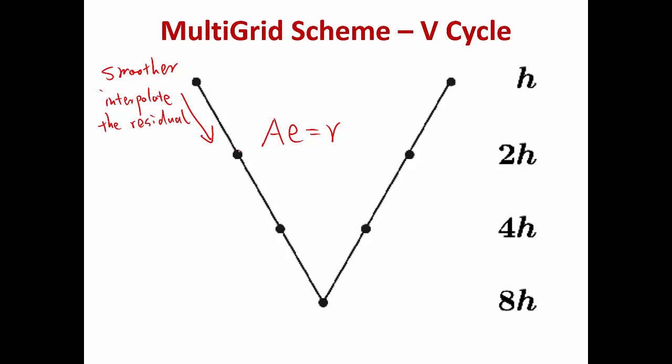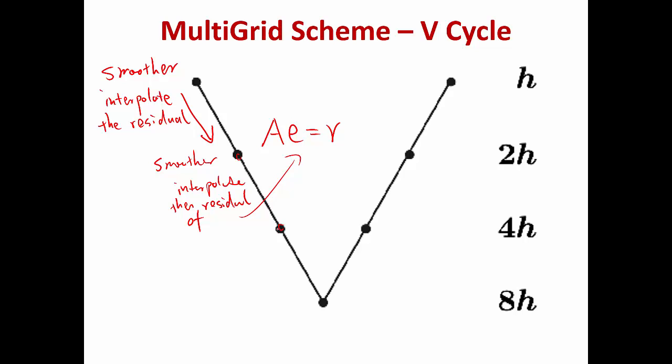Okay, once we get to the coarser grid, we apply the smoother again to the error equation. And then we compute the residual of the error equation, right? So every time we compute the residual, it's the residual of the equation we are solving right now, which in this case is the error equation. We interpolate the residual of the error equation.